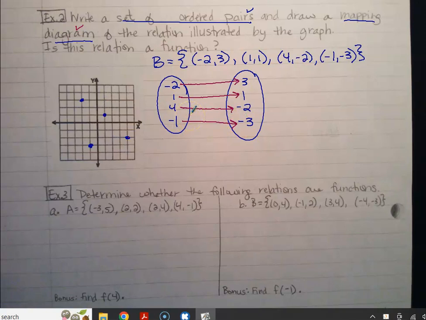So is this a function? Yes, it is a function. Perfect. So anytime you just get straight lines like that, you're in good shape. All right, you guys are rocking it. Let's look at example 3 then. Determine whether the following relations are functions.